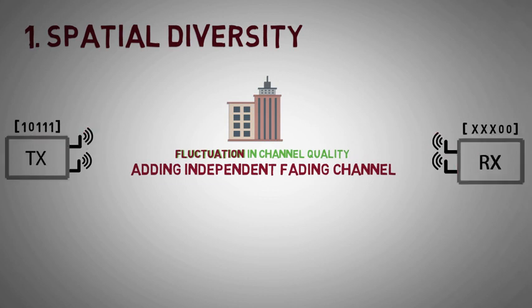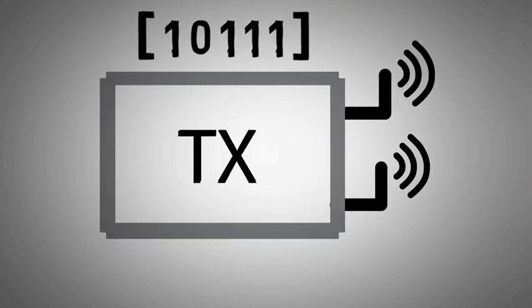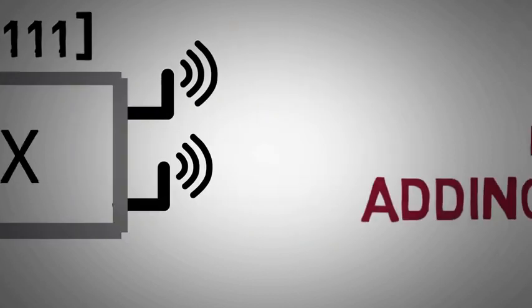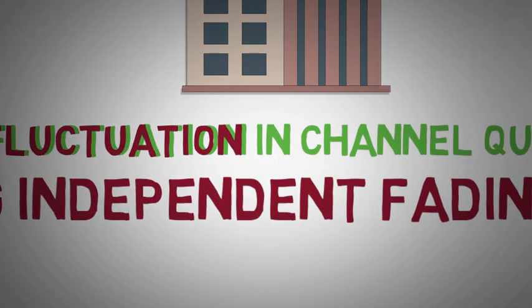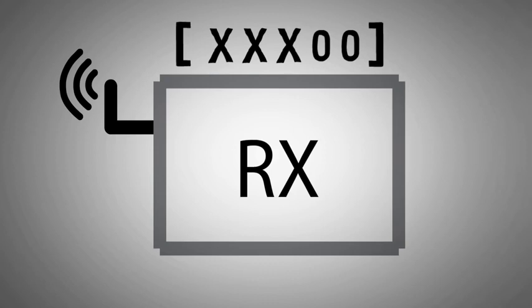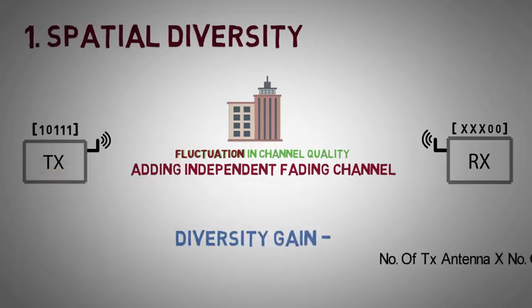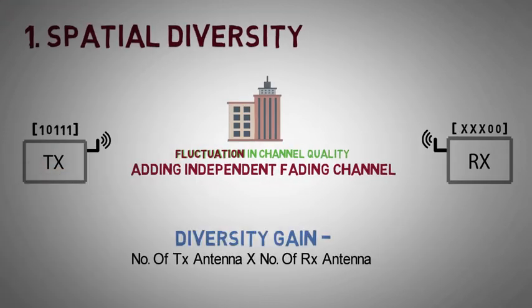So in brief, spatial diversity techniques send or receive the same information across independent channels to combat fading. Here diversity gain is defined as the number of transmitting antennas times the number of receiving antennas, which is equal to 1.